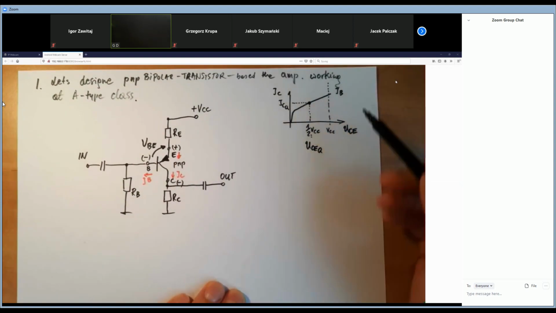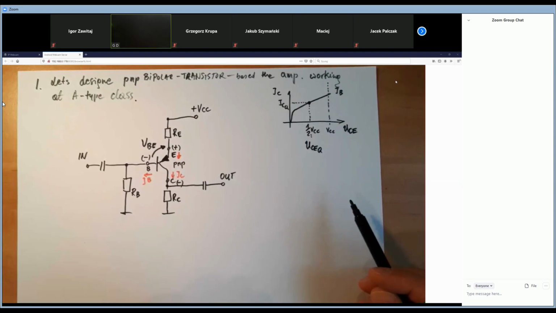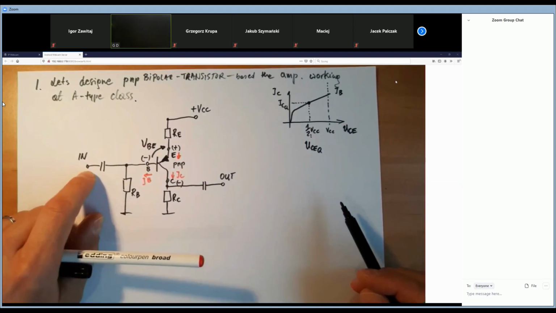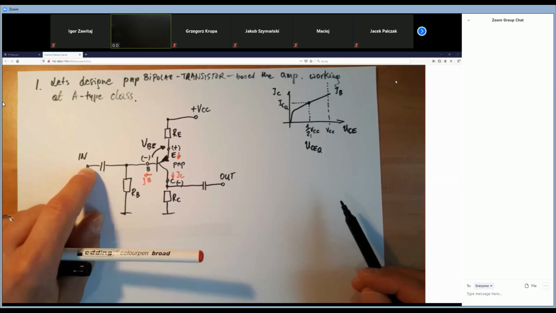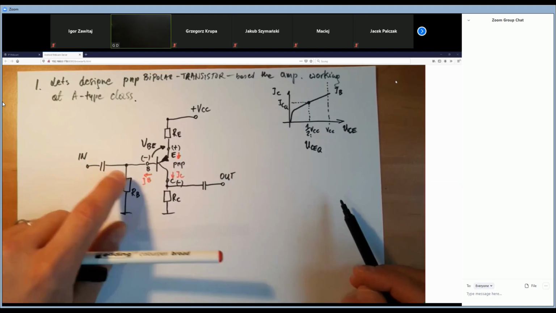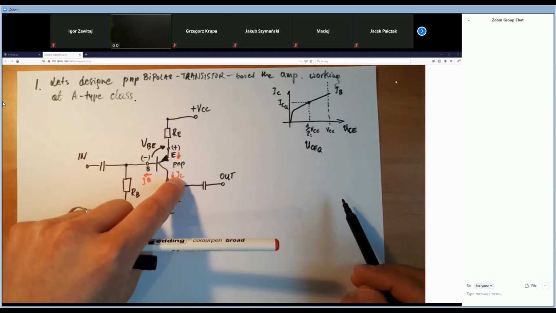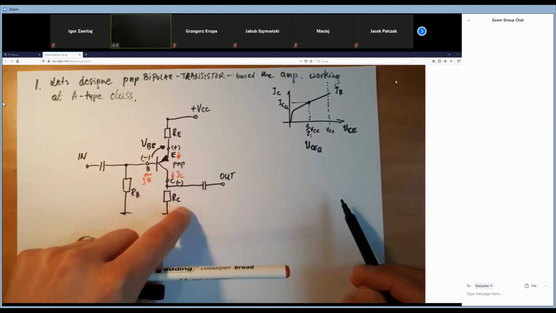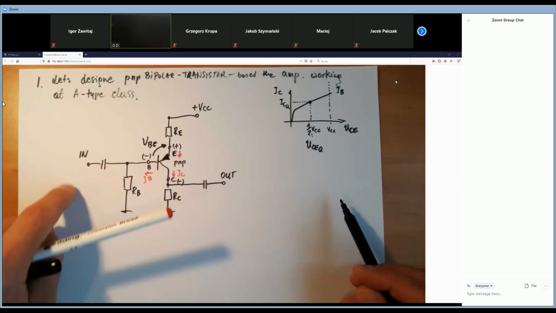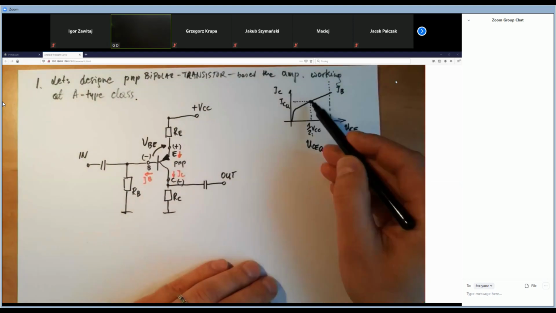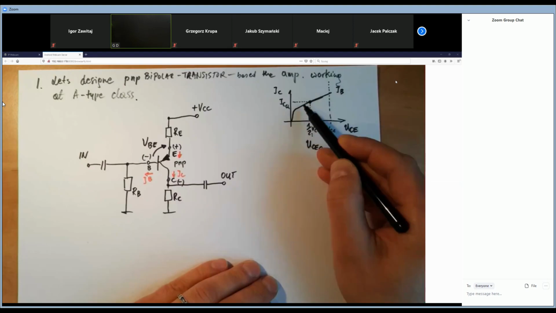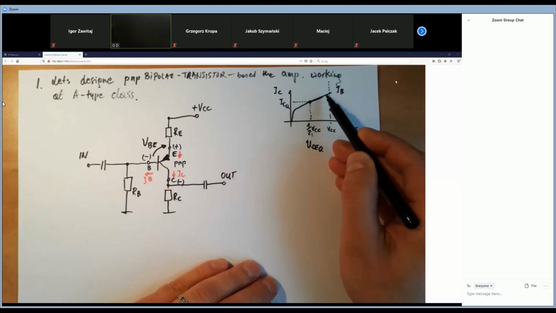And as I said last time, the input voltage plugged into the input changes the base current, and the IC current starts fluctuating according to the input signal. And this point starts moving on this chart according to the input voltage.